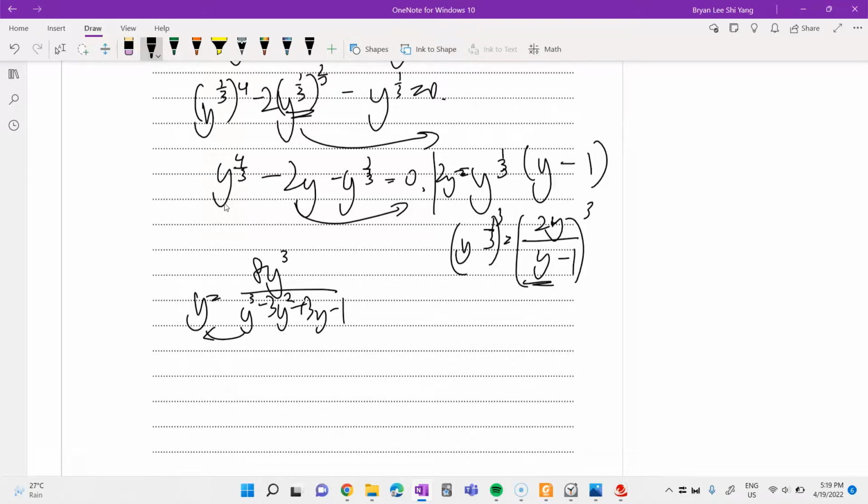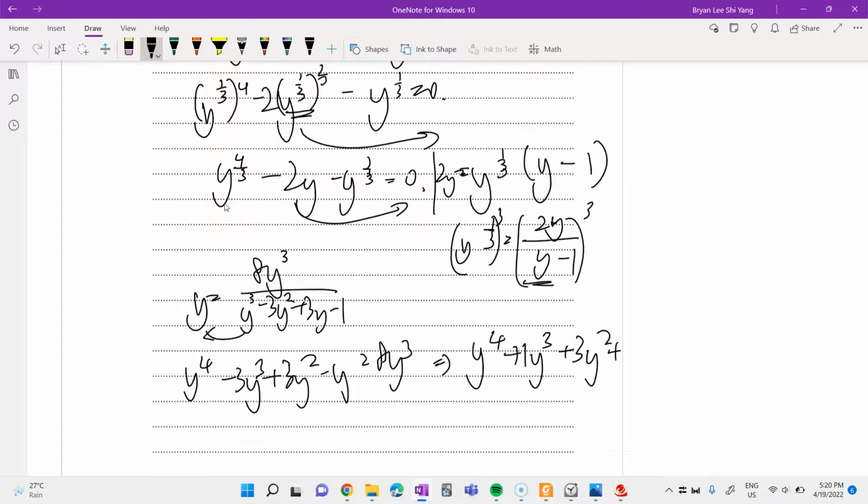Then I move this up: y to the 4th power minus 3y cubed plus 3y squared minus y equals 8y cubed. And then y to the 4th minus 11y cubed plus 3y squared minus y equals 0. This would be our quartic equation.